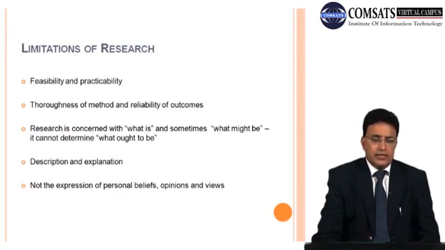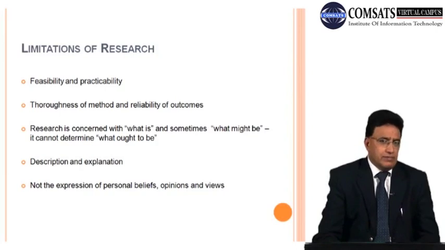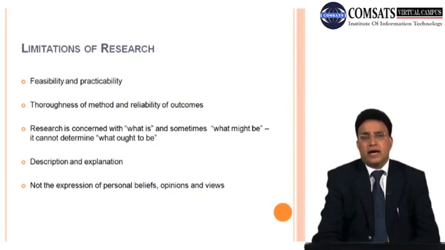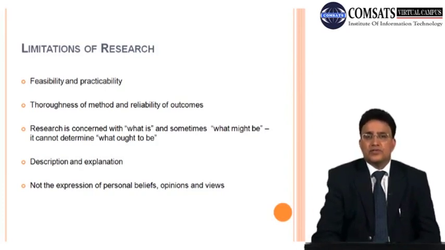The third limitation is that of the thoroughness or the understanding of the method and the reliability of outcomes. By that I mean that the method should be systematic and it should follow a proper procedure, and the outcomes should be reliable. And when we say reliable, and we'll discuss the term many times in research, it means that your outcomes should be consistent.